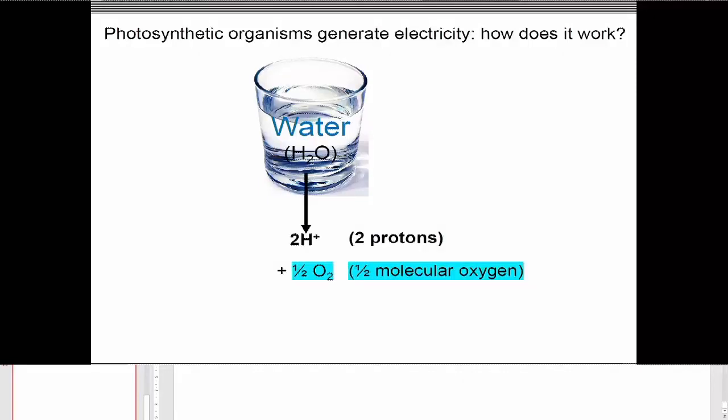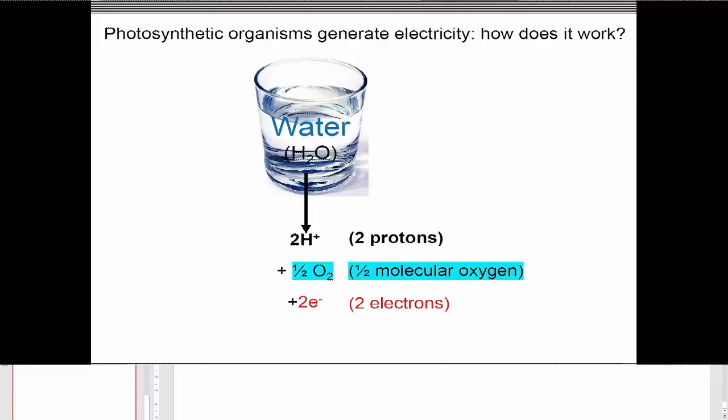The H are protons and O is oxygen. But there is a missing part. In order to balance the two positive charges carried by the protons, there are also two electrons. So water is an excellent source of electrons.